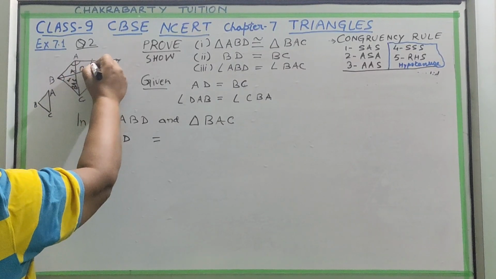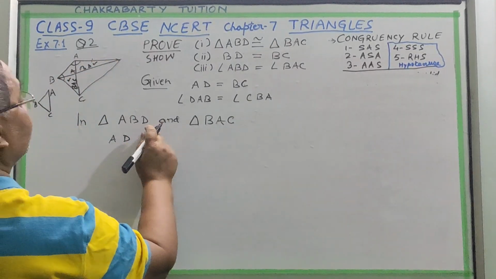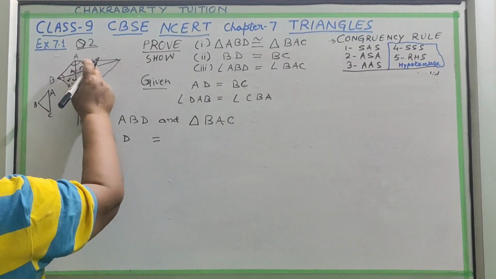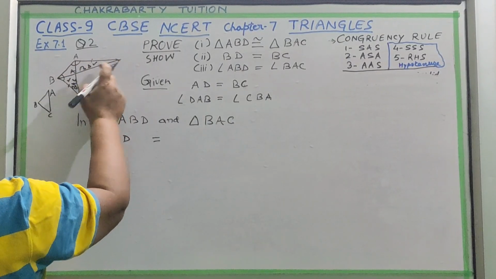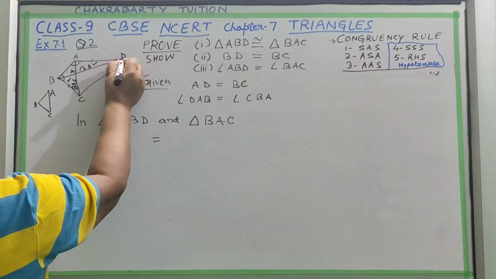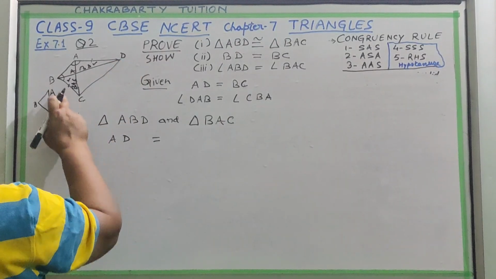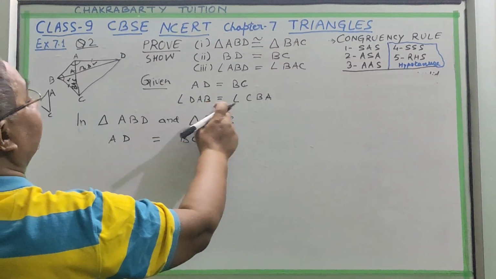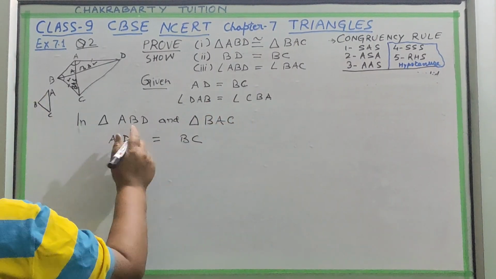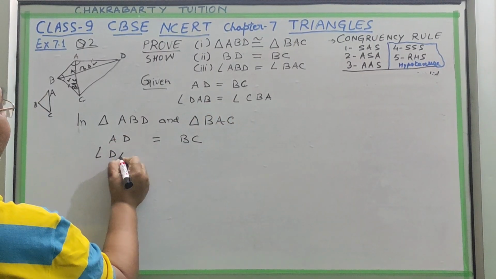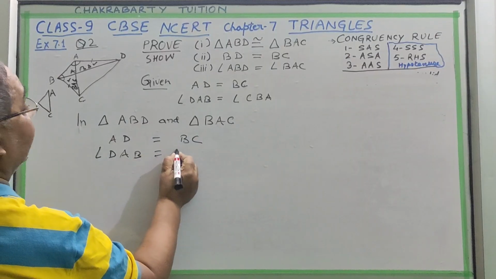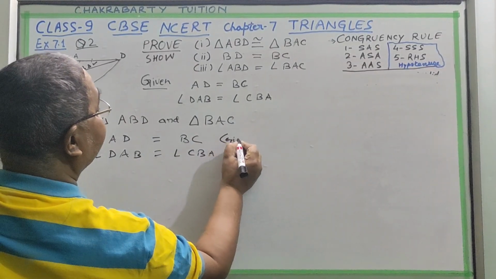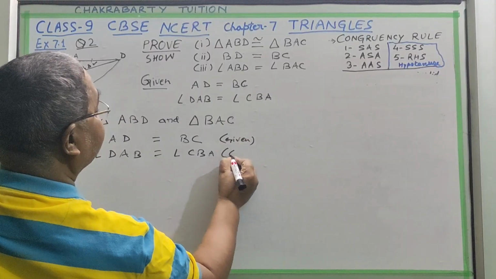We are working on this triangle and this triangle. So AD is equal to BC, which is given. Then angle DAB in this triangle is equal to angle CBA. These are your givens.